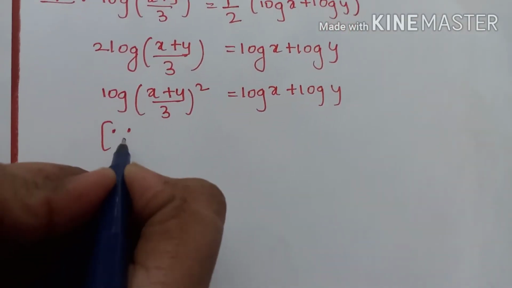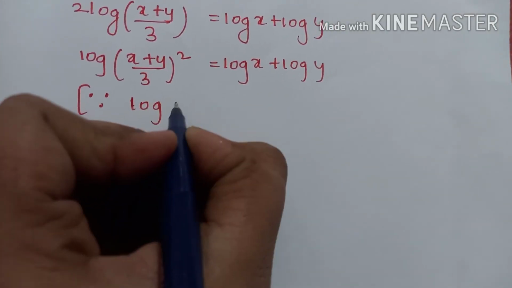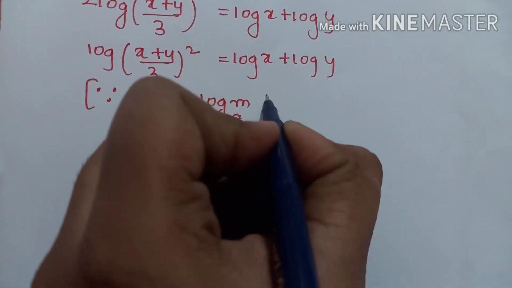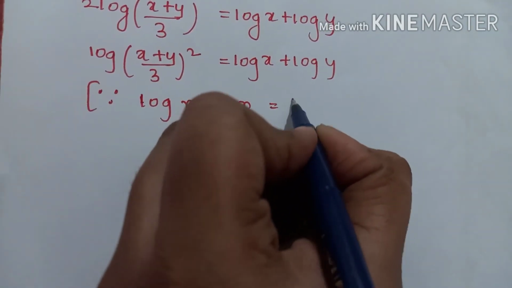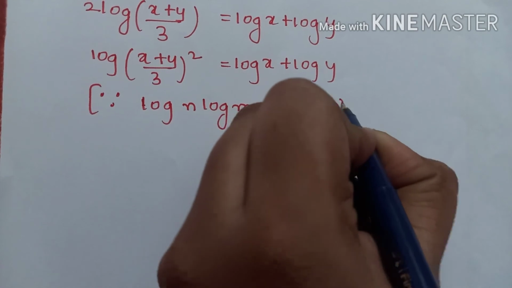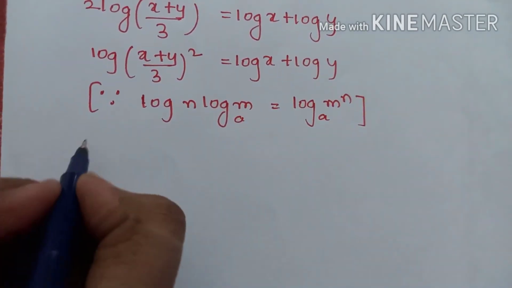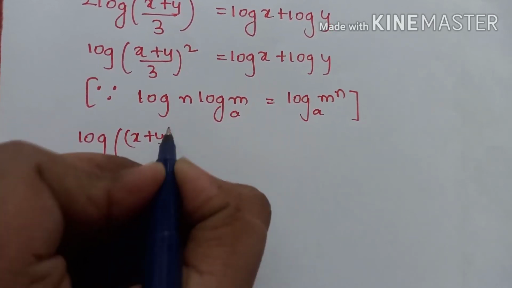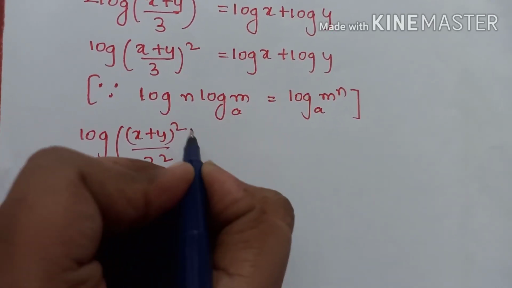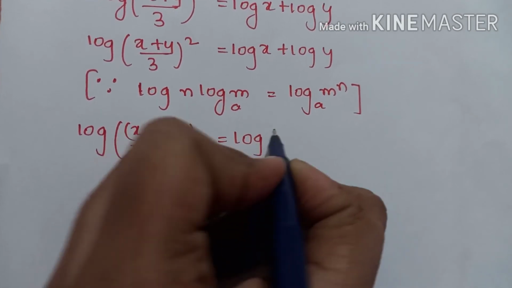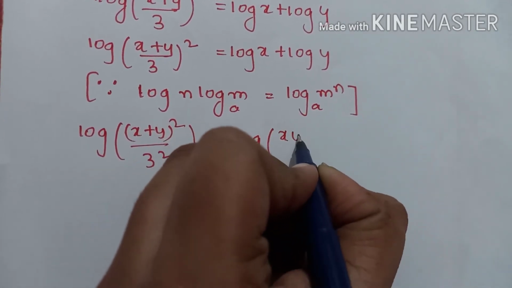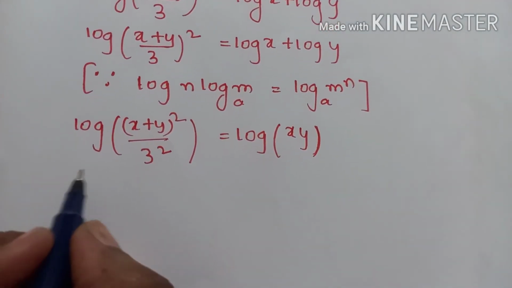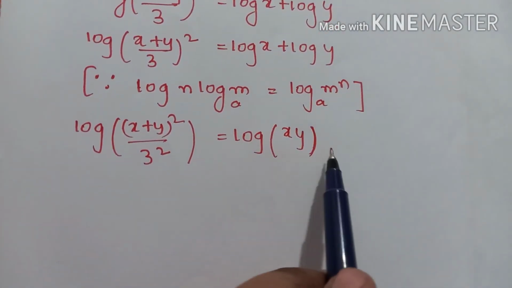This property belongs to n log m to the base a can be written as log m power n to the base a. So here it becomes log (x plus y) whole square by 3 square, that equals log xy. So we have used the formula here: log a plus log b can be written as log ab.